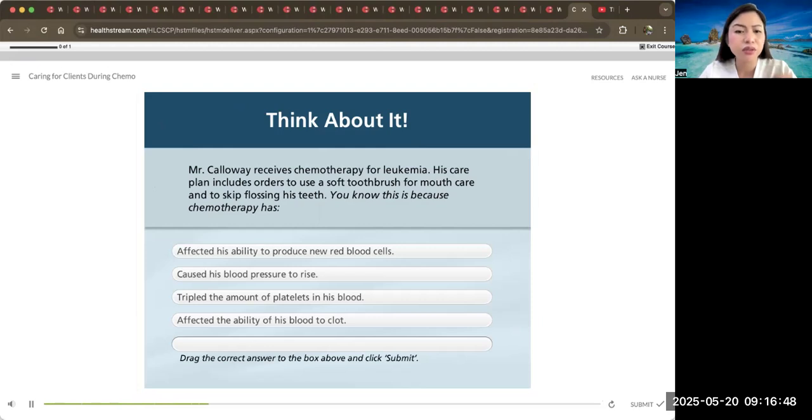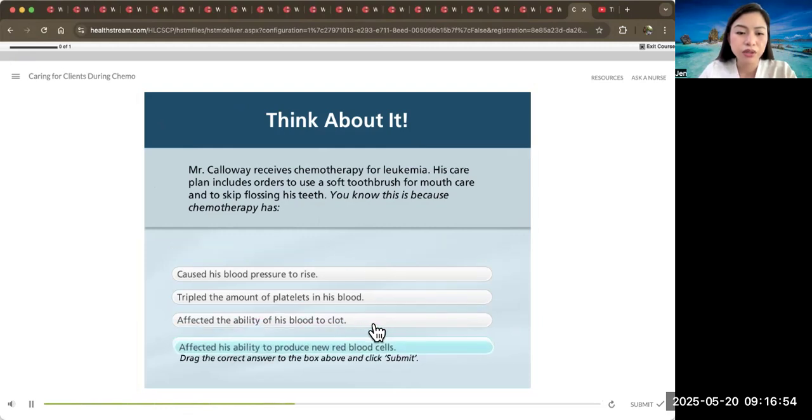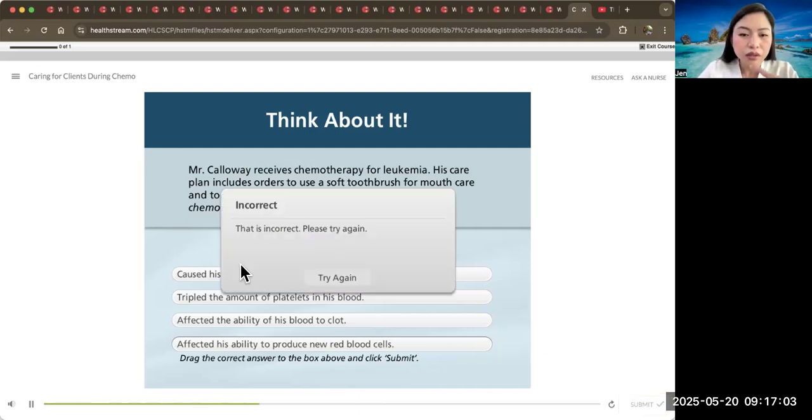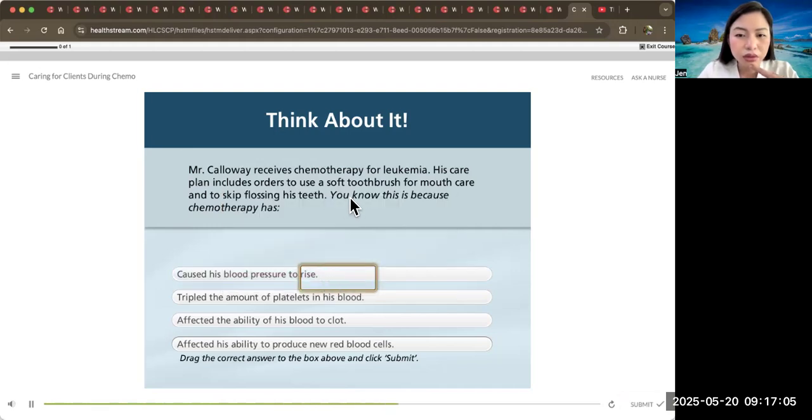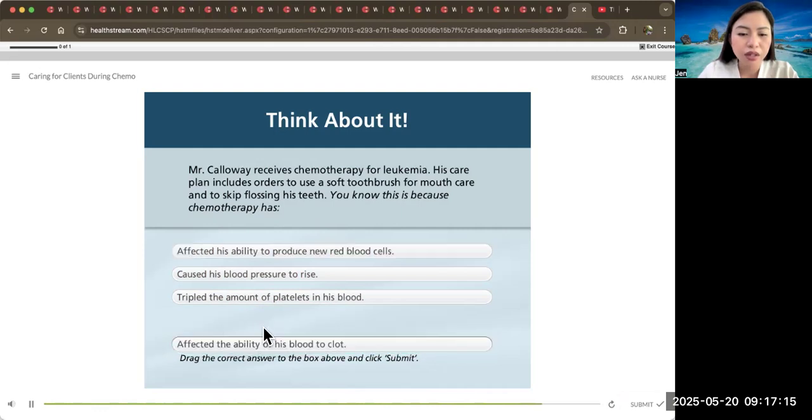This is because chemotherapy affected the ability of his blood to clot.